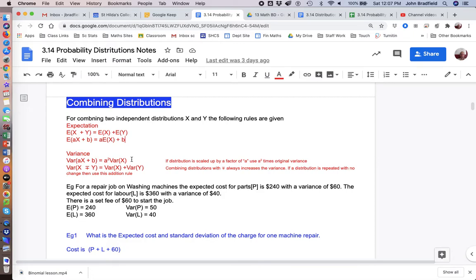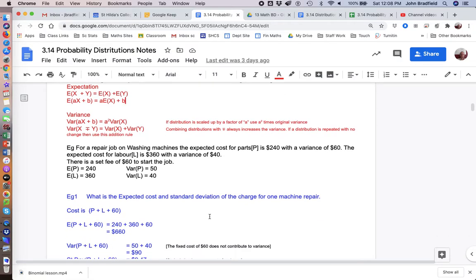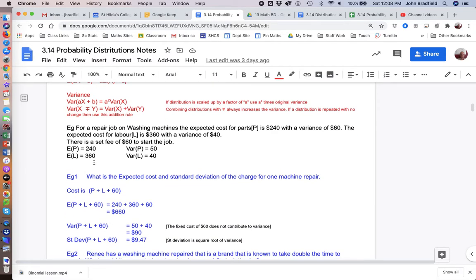We'll do an example for each of these. And for the variance, whether we're plussing or minusing, if we're combining any, it's always adding variation to the total. Whether we add or subtract, both random variables bring extra variance to the game, if you think of it like that.